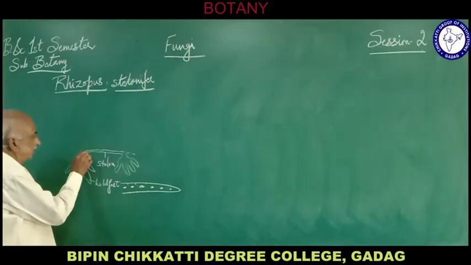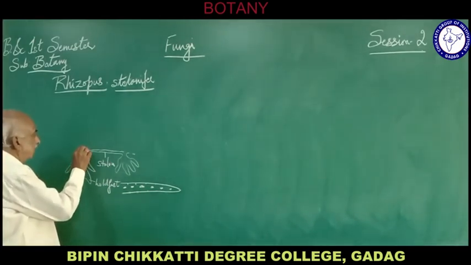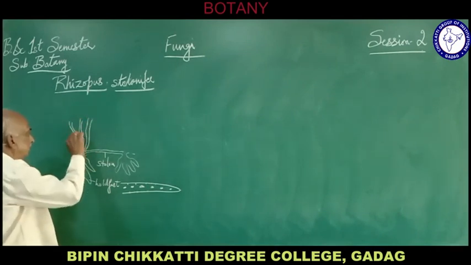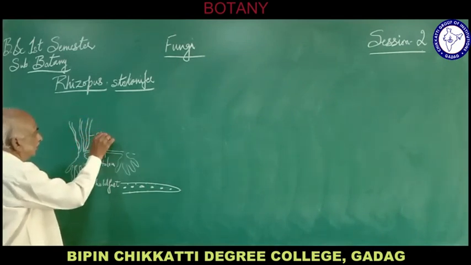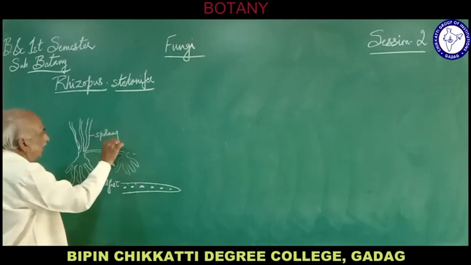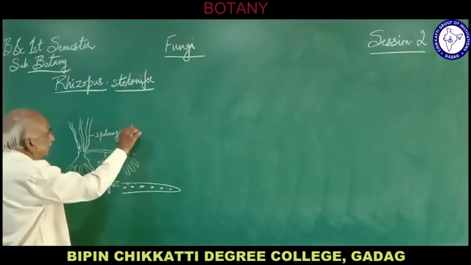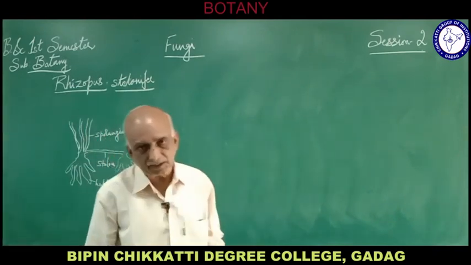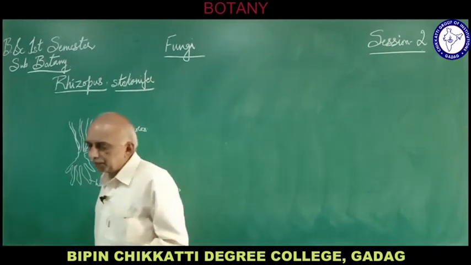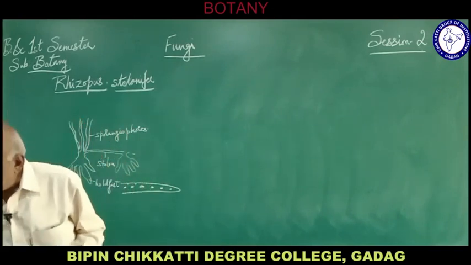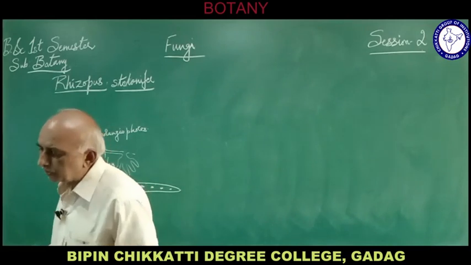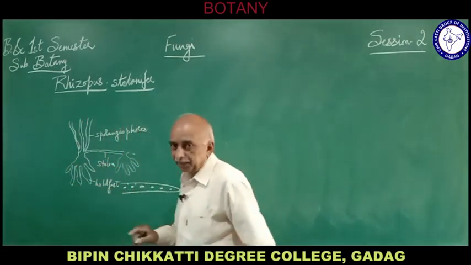Then from this hypha arise elongated structures like this. These elongated structures are called sporangiophores, which produce the reproductive structures. So sporangiophores, holdfast, and stolon are the three parts of the hyphae.